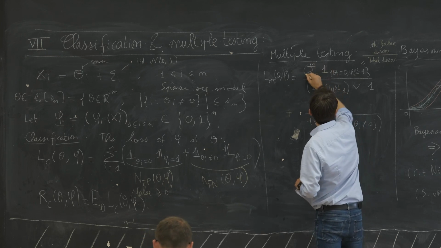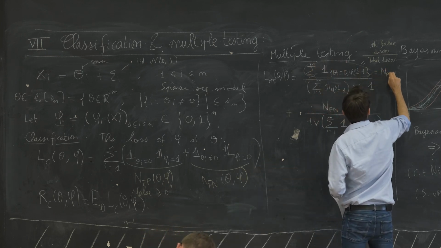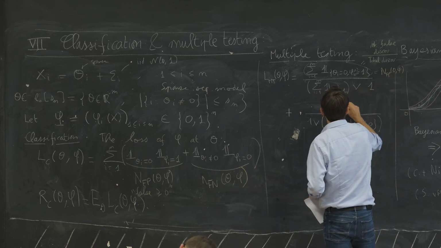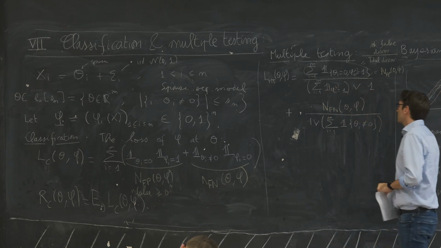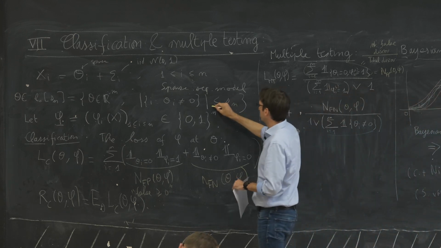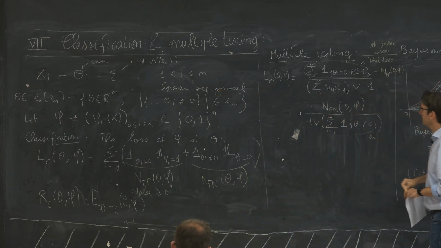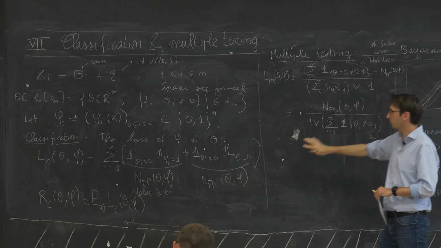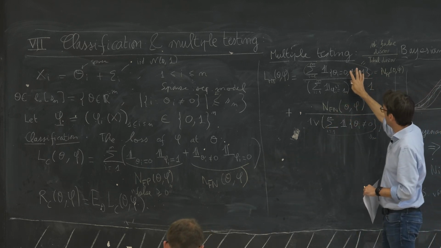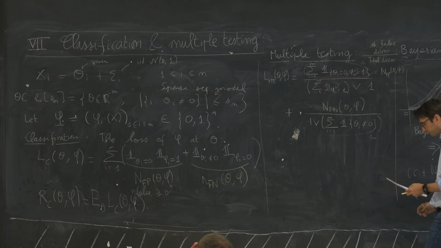So this is NFP(theta, phi), and here it's NFN(theta, phi). If I assume that this is S_n, this second part of the risk is really the same up to dividing by S_n, but the first part is not, because of this random term.